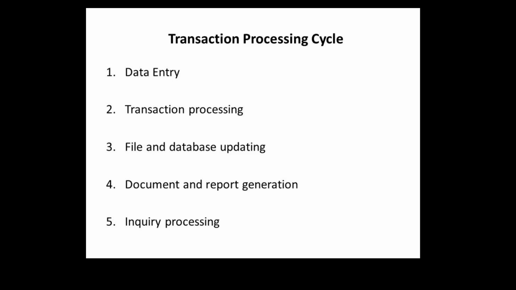Next is transaction processing, where the actual data will be processed, and here we have two types of processing, called batch processing and real time processing. Batch processing means processing on a day to day basis, maybe at the beginning of the day or half day.